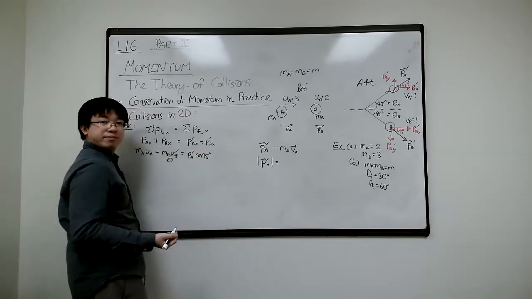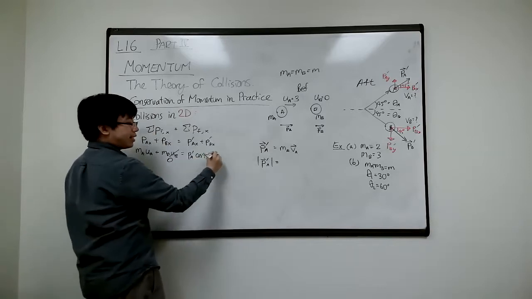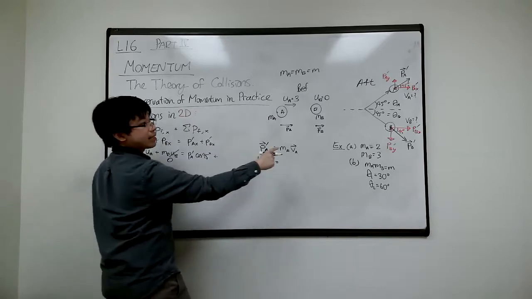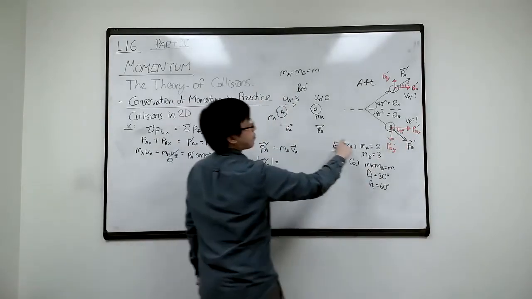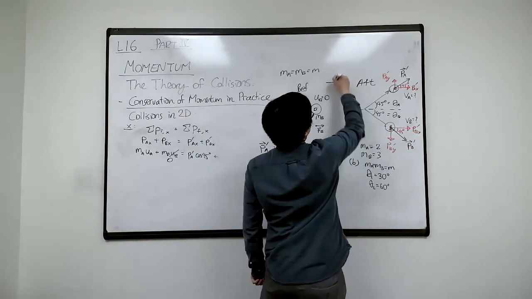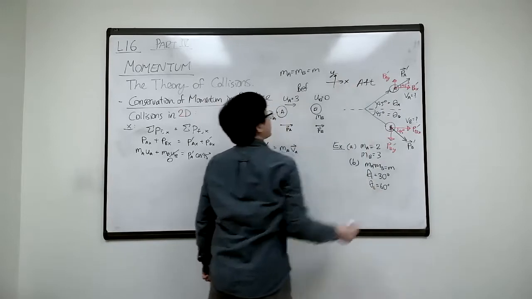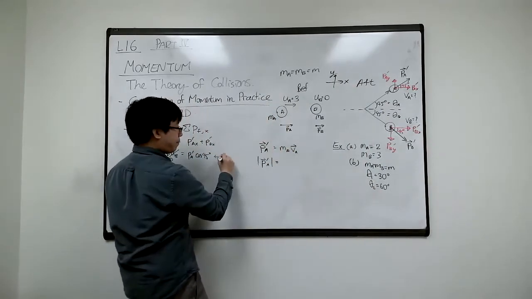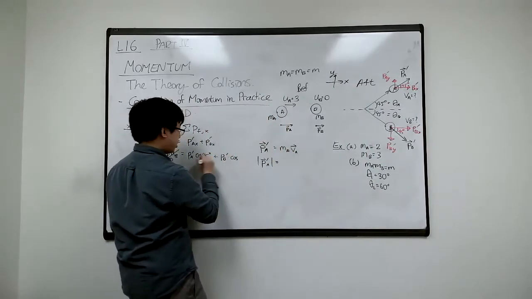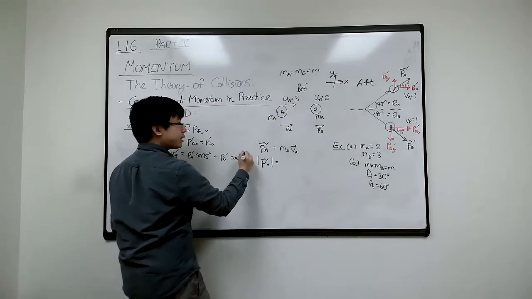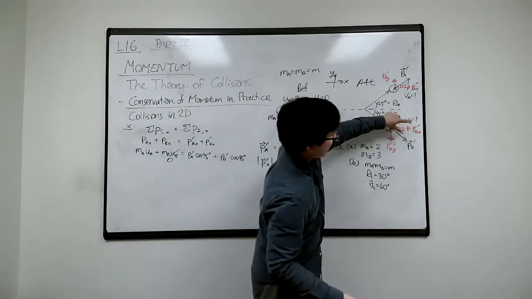Make sense? And PBX prime is also, using standard XY, PB prime times cosine 45 degrees, because that's the one sandwiching the angle.